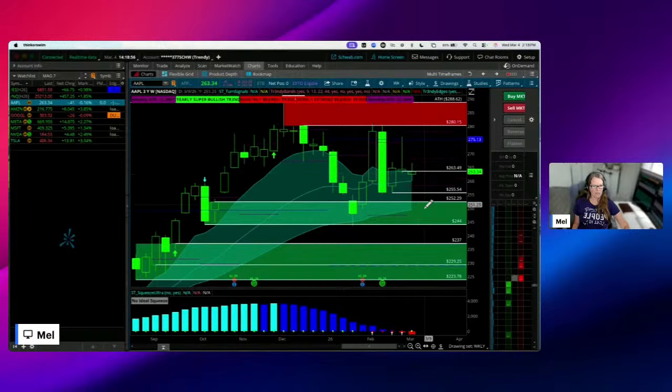So if I get a dip down here and Apple comes in at 252 to 244, I'm going to use my confirmation process before getting in this trade. But if I take an entry here, my stop would be a weekly candle that closes below 244.